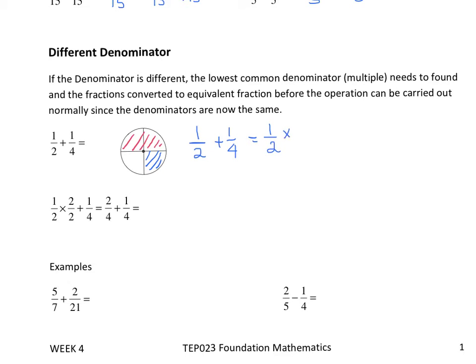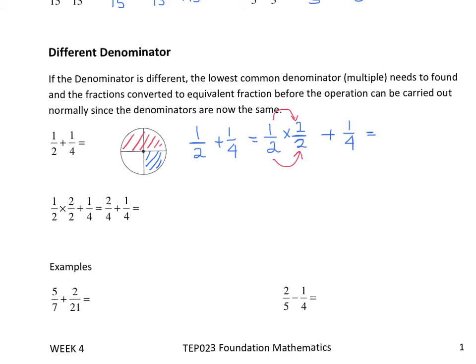So you'll need to multiply by 2 out of 2 to make 1/2 into an equivalent fraction out of 4, plus 1/4. Don't forget that extra 1/4, that's the 1/4 that was here. Everything that is on one side of an equal sign must also be represented on the other side.